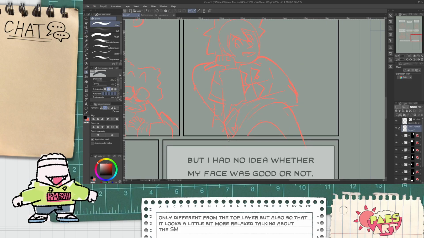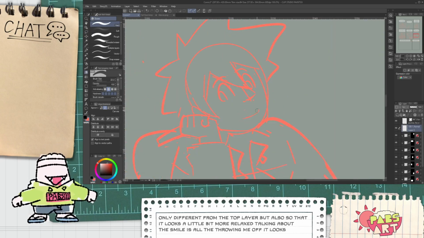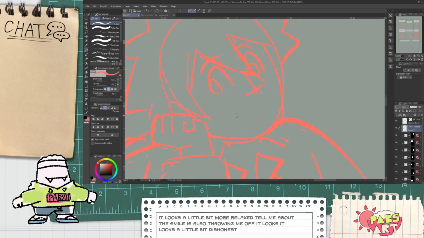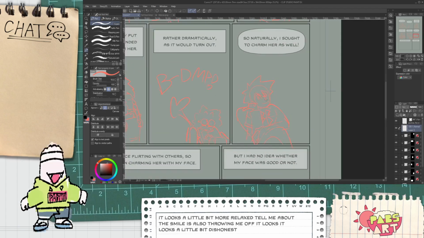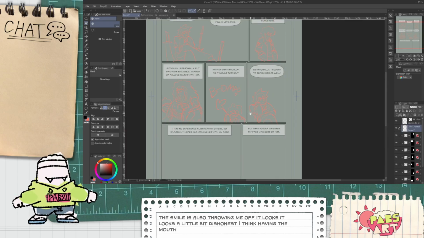Something about the smile is also throwing me off. It looks a little bit dishonest. I think having the mouth closed fits the expression a little bit better.